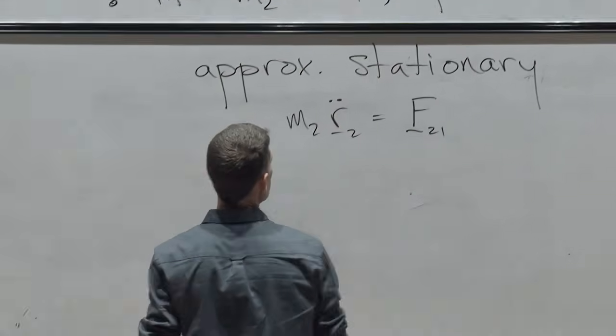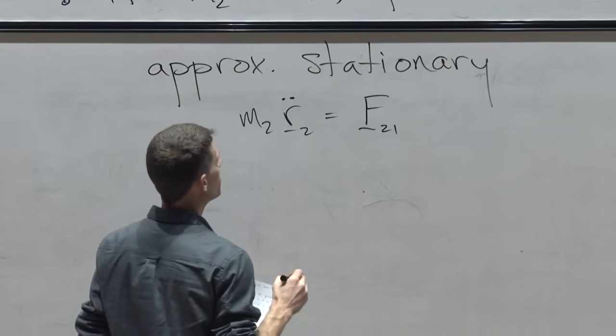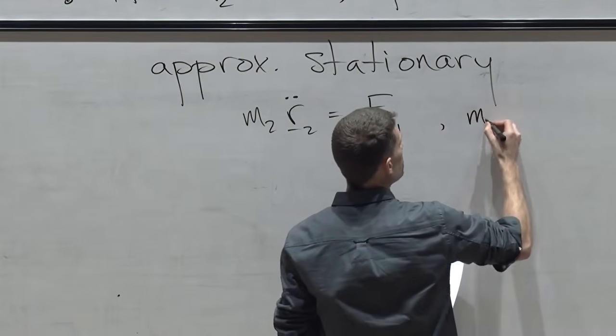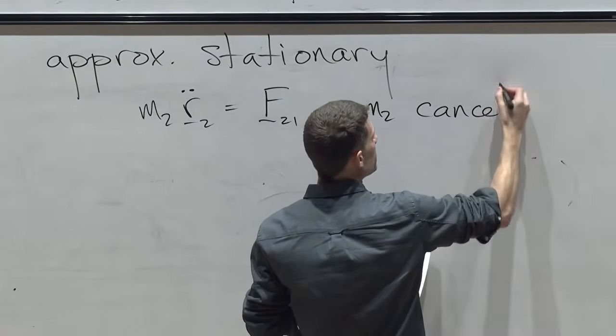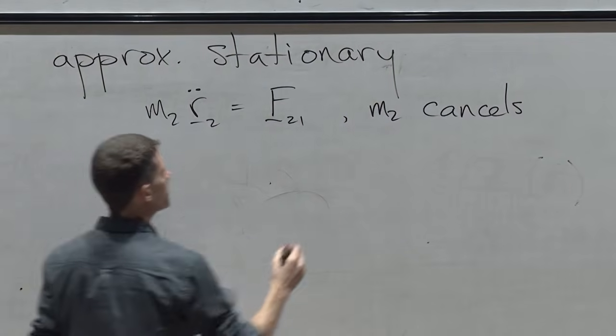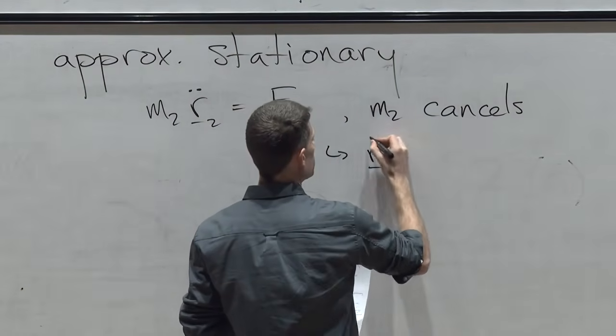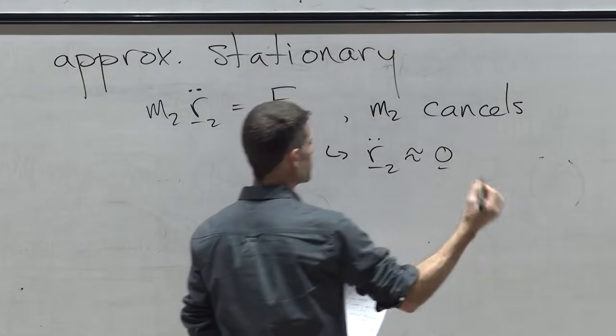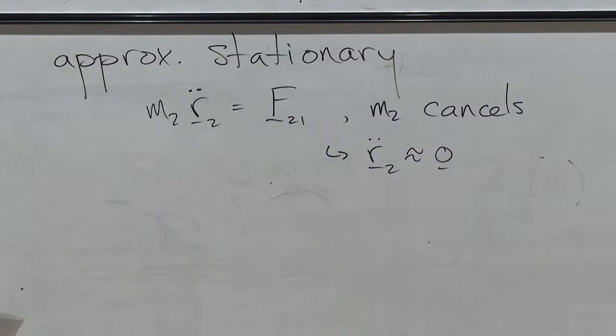Right, so m2 cancels, and r2 double dot is close to 0 if it just has the m1 there.